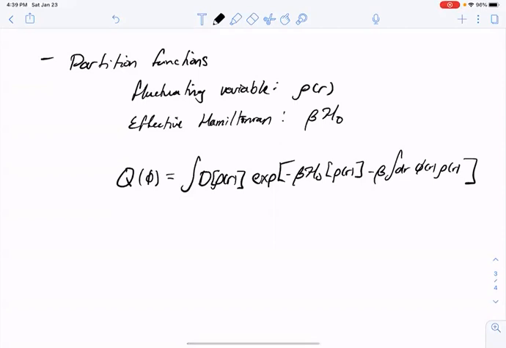So this integration over fields is also essentially the same. It's a Gaussian functional integral. It also is essentially the same as a path integral, where you sum over all possible ways the field can be in this case.